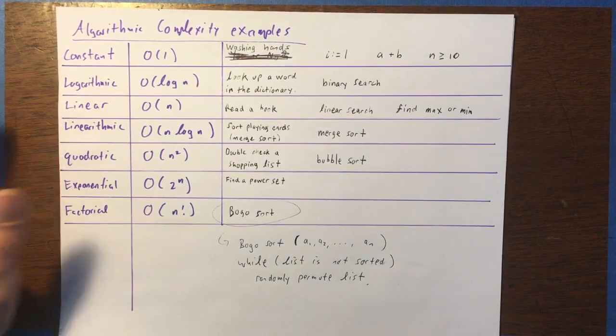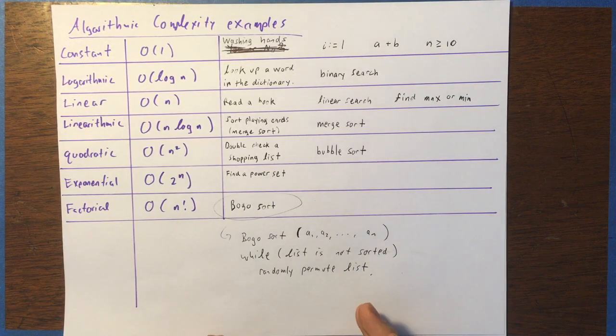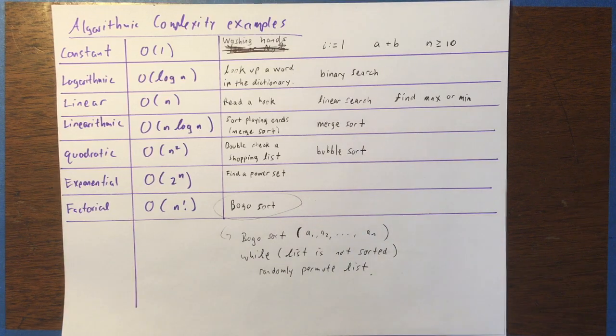Essentially, it's like saying, take your list. Is it sorted? No. Well, then randomly shake it up and then look at it again. Is it sorted? No. Randomly shake it up again. Is it sorted? No. Then keep randomly shuffling it until it's sorted. If you sit there and shuffle a deck of cards until it's sorted, that's Bogo sort.